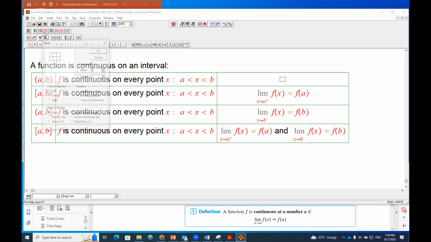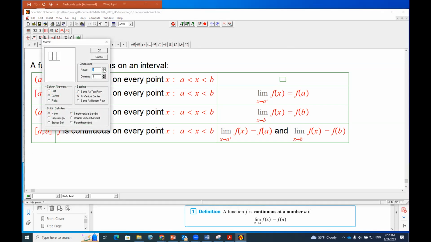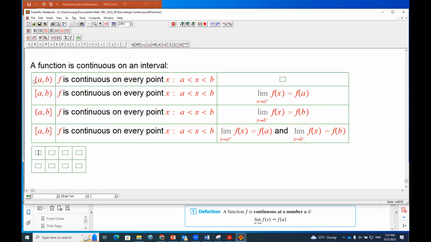The reason I want to reorganize it is because it was a presentation.